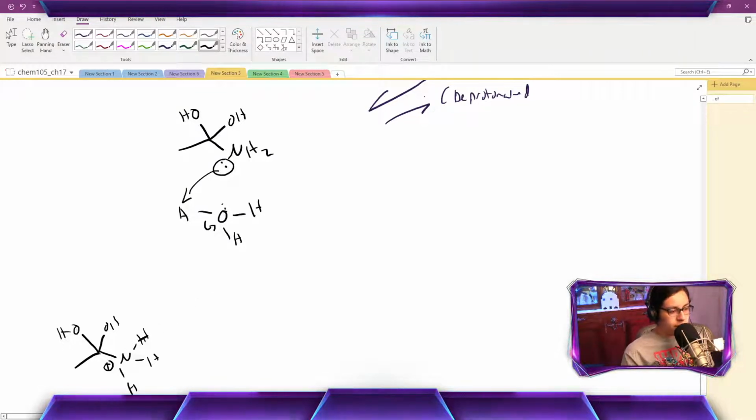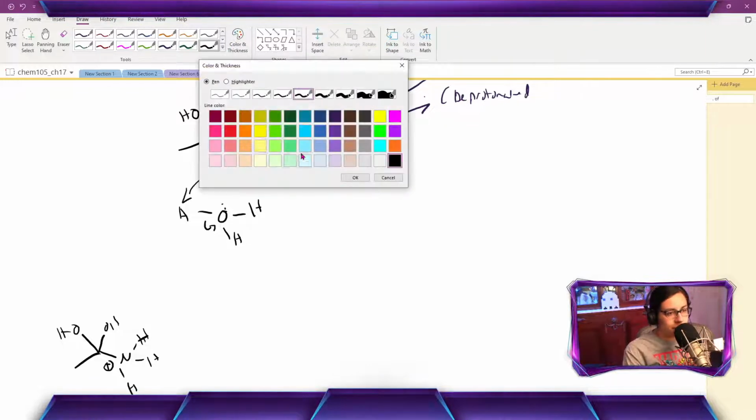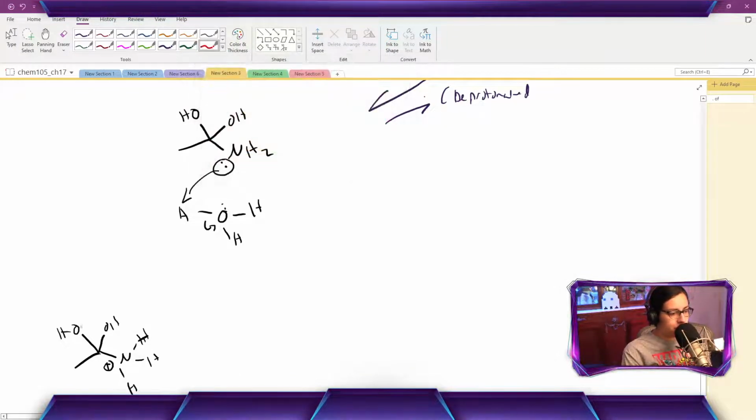And so what's going to happen is you can reform your carbon double bond here. So we'll reform this. This is our leaving group. So now this is going to leave. Now we have this species, so we'll have to deprotonate it. So there's our carboxylic acid reforming, and then our amine product.